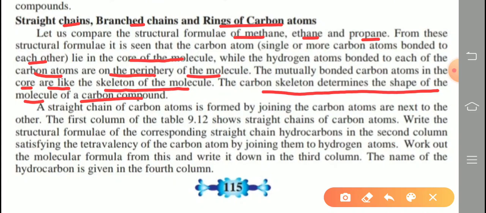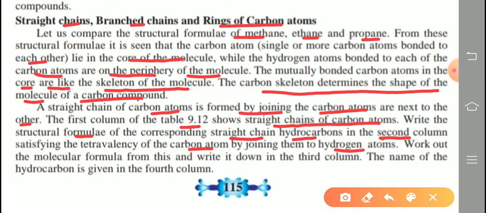A straight chain of carbon atoms is formed by joining the carbon atoms one next to the other. The first column of the table, that is on the next page, table number 9.12, shows a straight chain of carbon atoms. Write the structural formulae of the corresponding straight chain hydrocarbons in the second column, satisfying the tetravalency of the carbon atom by joining them to hydrogen atoms.